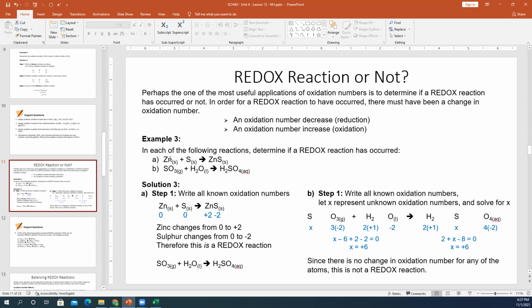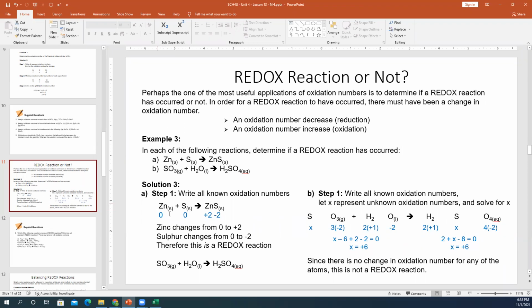So in these two equations, all right, let's look at how we would look at the equation in A. So the first step is to write down all of the known oxidation numbers. So based on the rules that we are going to familiarize ourselves with in that table, write down all the oxidation numbers that you know right away.